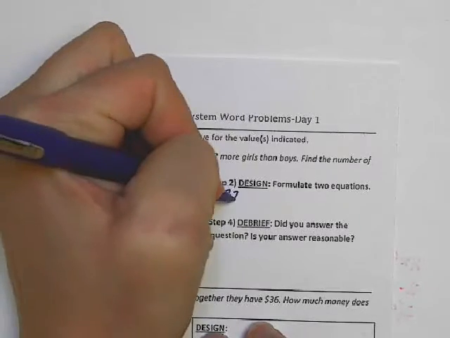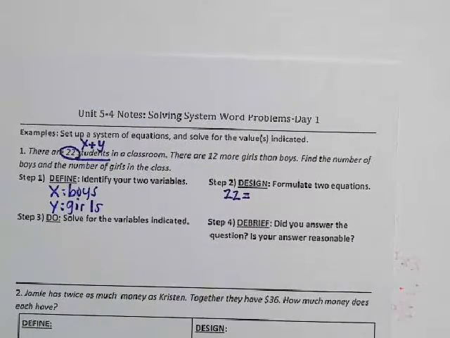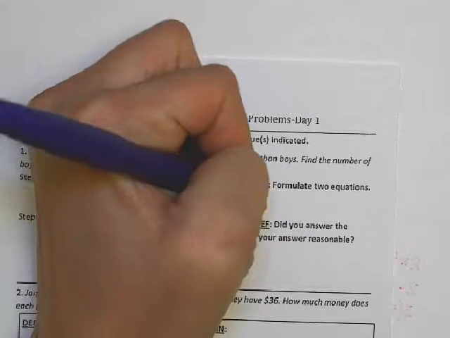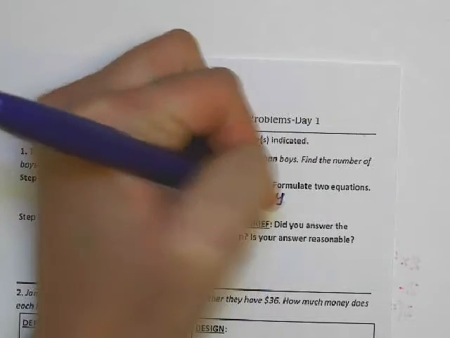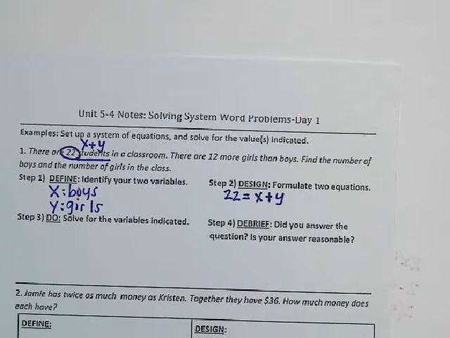So I'm going to say 22 equals. And it's the total of boys and girls. Well, if I was to count you guys in here, 1, 2, 3, 4, 5, 6, am I adding every time or am I subtracting every time? I'm adding. So I'm adding however many boys and however many girls. Students represents boys and girls. Everybody understand how I got that first one?